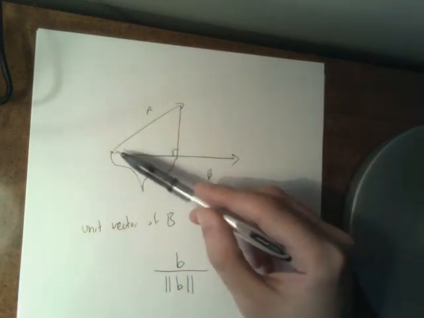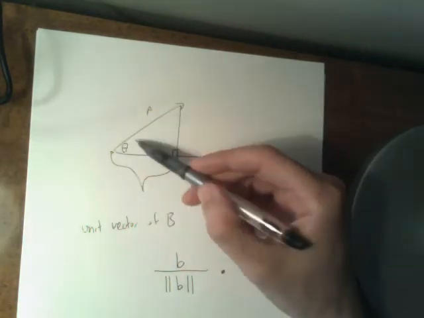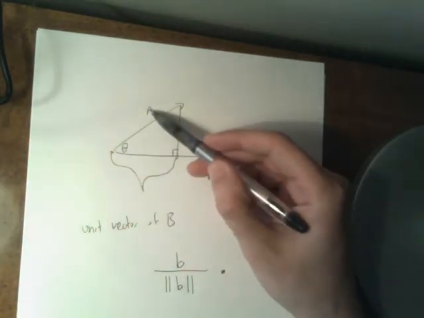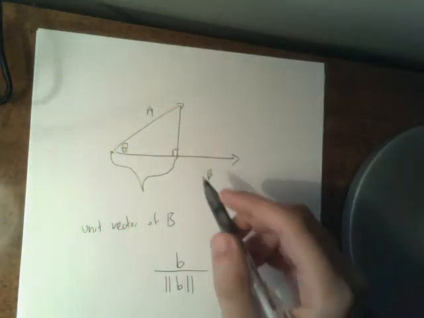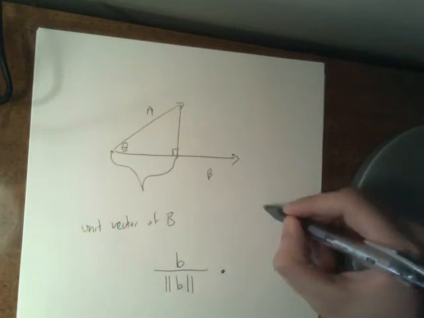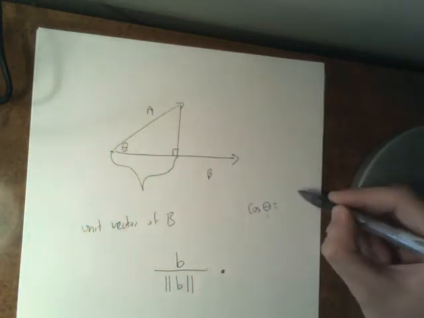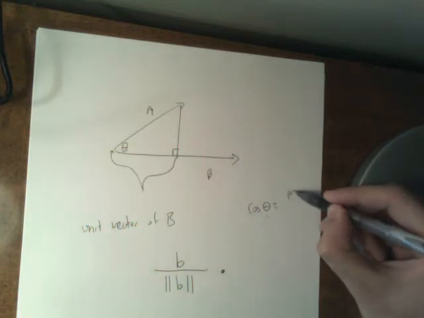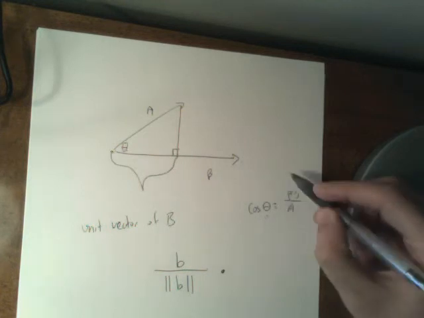magnitude of this. So the way to find this is you just do cosine, because let's say that's the angle, and this is vector A, right? So then the cosine of the angle, let me write it over here. Cosine of the angle is adjacent over hypotenuse. So what you're looking for, the projection, over the hypotenuse, which is the magnitude of A. You gotta do that.